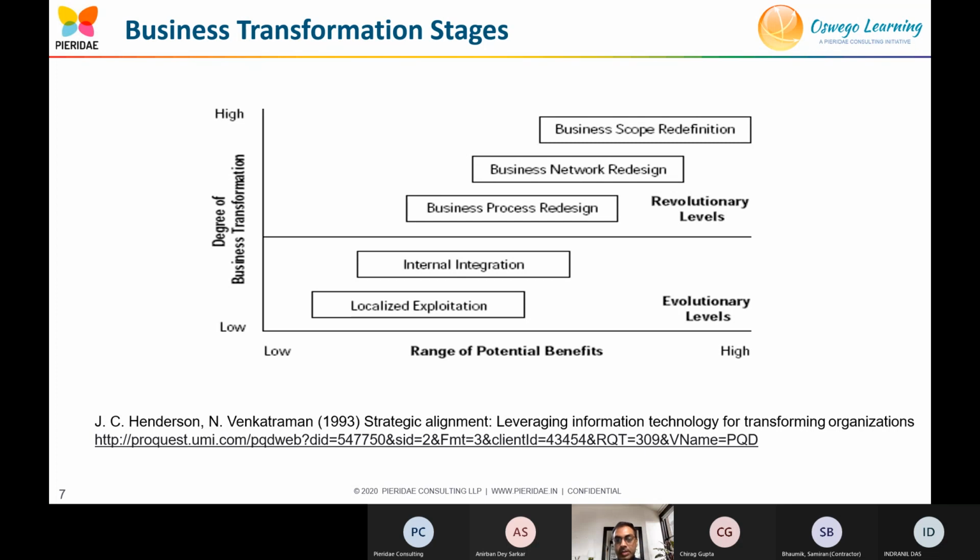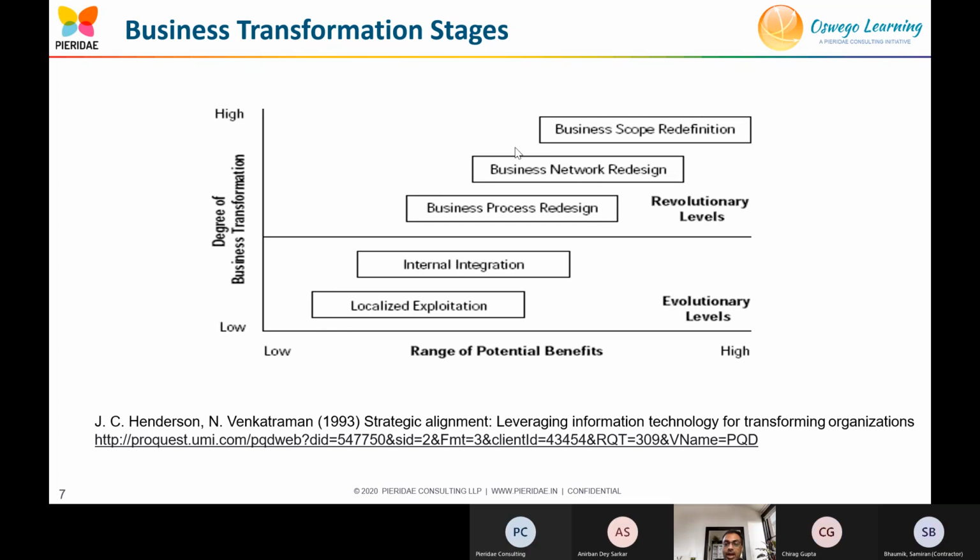So from localized exploitation to business scope redefinition, there are various levels of business transformation. At this stage, business scope redefinition with the help of cloud and digital technologies, we can say that, yes, this is where I am doing digital transformation. Prior to that, none of them are actually digital transformation.